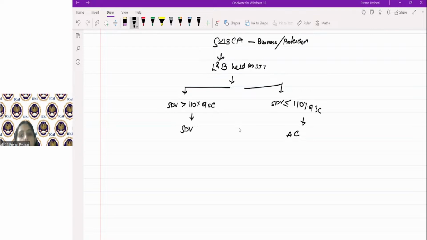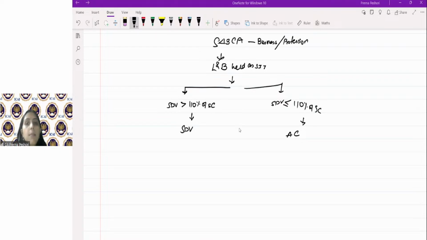That may not be relevant very much now, but just a point I'm telling you: if a question says a residential unit is transferred between November 2020 and 30th June 21, and the consideration is less than 2 crore, then you need to consider 120% and not 110%.